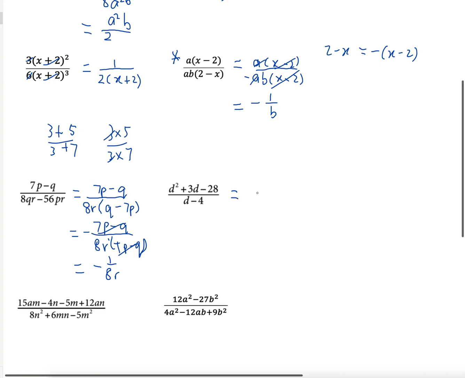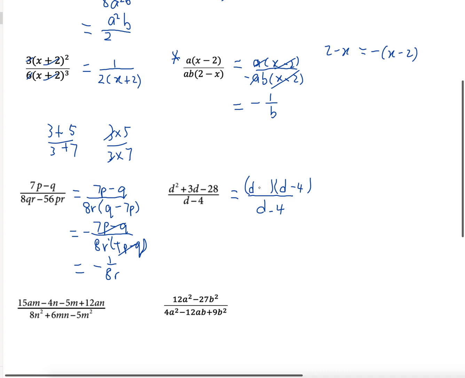Now we look at this example. We have d minus 4 in the denominator, so we should have a d minus 4 in the numerator. So usually there are factors which are common. So now we guess that there is a d minus 4 in the numerator. Therefore that makes our factorization easier.